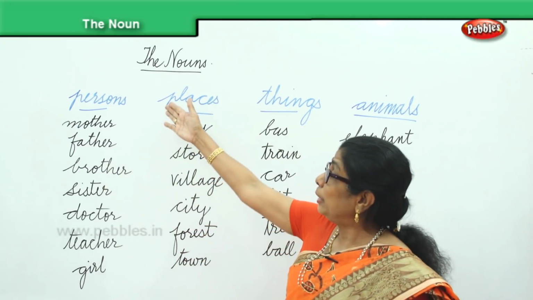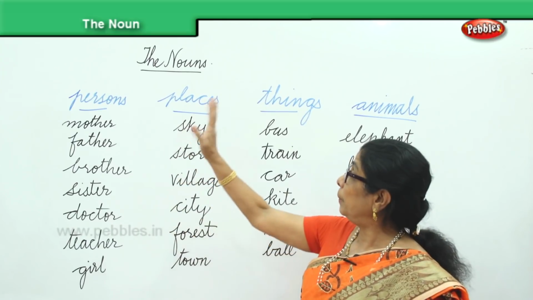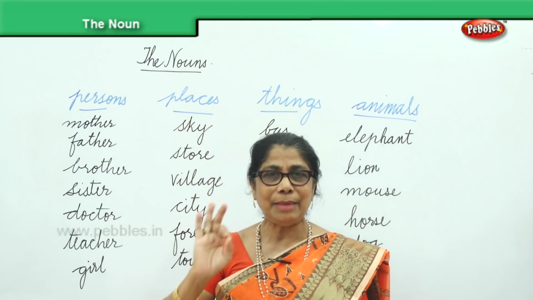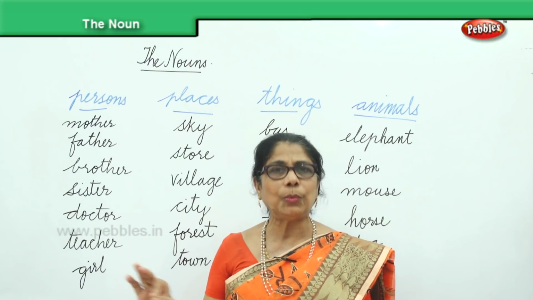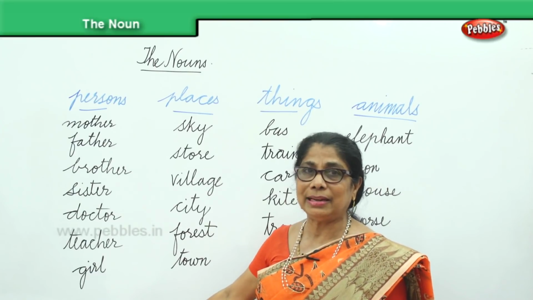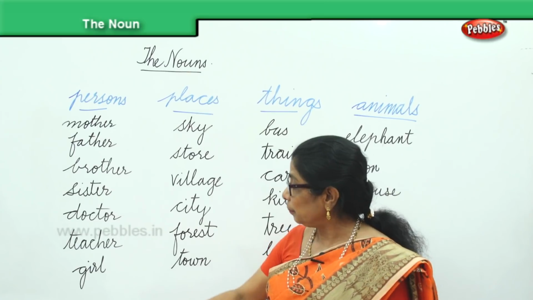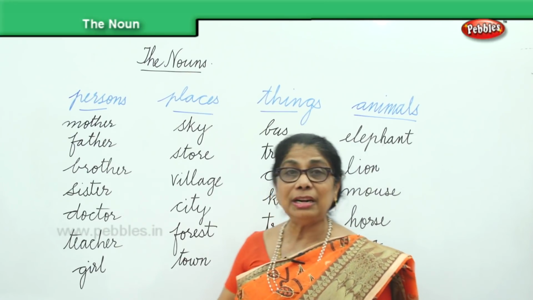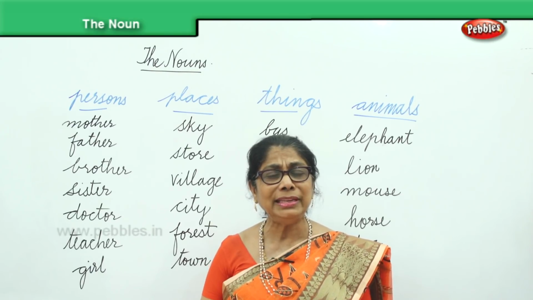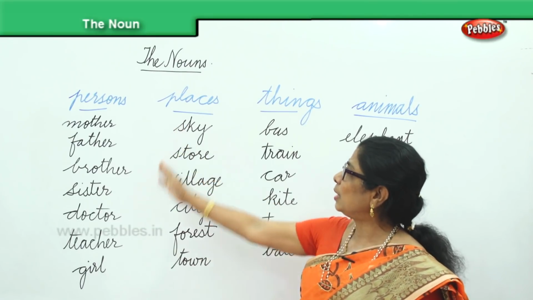Okay, so now when you say persons, noun is the name of person, persons, all places, all things, all animals. You can name anything what you see, what you speak. Some persons' names I've written here: mother, father, brother, sister, doctor, teacher, girl, boy, grandmother, grandfather, uncle, aunt, nephew, niece. All these are names. Let's look at some places.